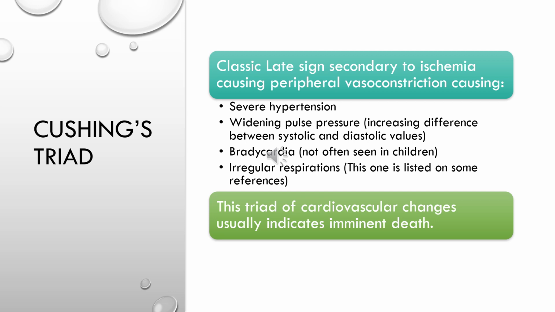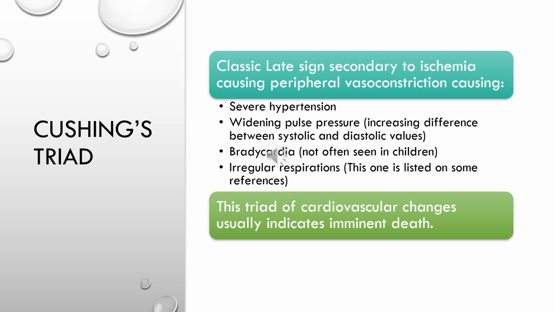So if you see a question that talks about increased ICP, or you're regulating ICP, and they give you vital signs or respiratory patterns, and they tell you that the patient is having irregular respiratory patterns as well as low blood pressure, low heart rate with a widening pulse pressure, those are all things that you need to recognize as late signs. But Cushing's triad usually are these three things that you're seeing here because of the cardiovascular changes.